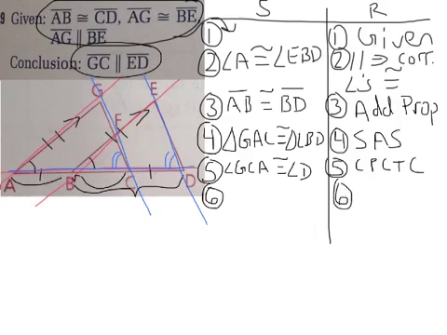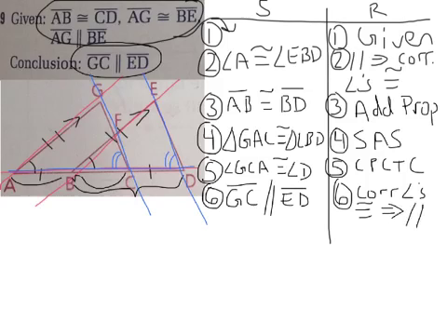And lastly, I can prove that my lines GC and ED are parallel because if corresponding angles are congruent, then we have parallel lines. Alright, that's it for that one. Next problem we got.